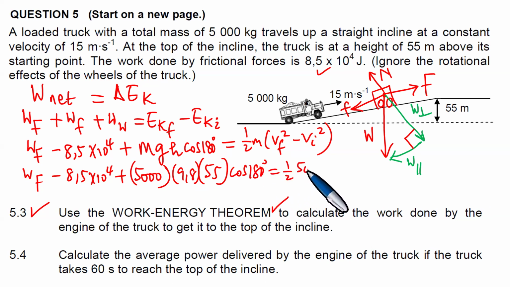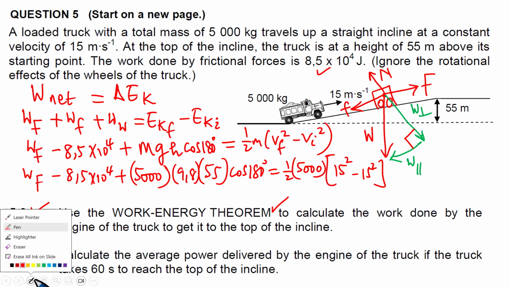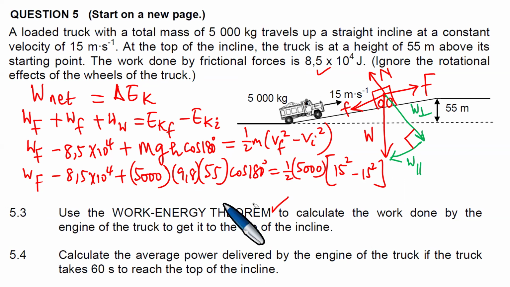The mass is actually 5,000. You just put in the figures here. And therefore, the speed of the truck, or the velocity of the truck, is 15 meters per second. So it's squared here, 15 squared. And therefore, obviously, this 15 squared minus 15 squared is actually a big zero.